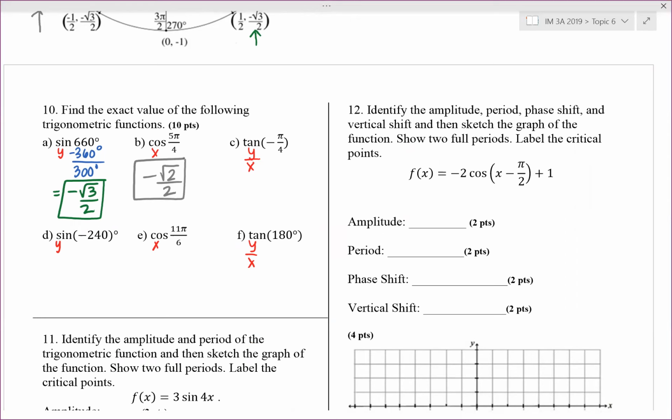Tangent's a little more complicated because I have to do the division and simplifying. So since this is in radians, really what I have to do is add 2 pi, right? So that's a negative value. I should be adding a revolution. So technically what I'm doing here is 2 pi minus the pi over 4 in order to figure out its coterminal angle.